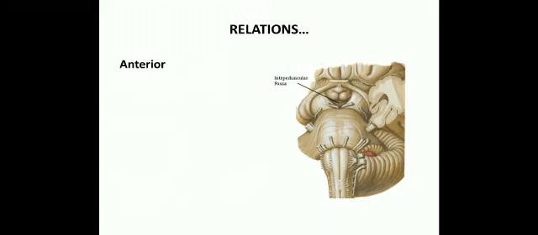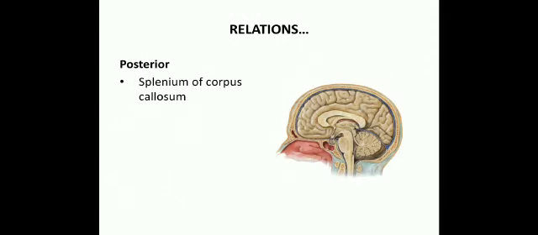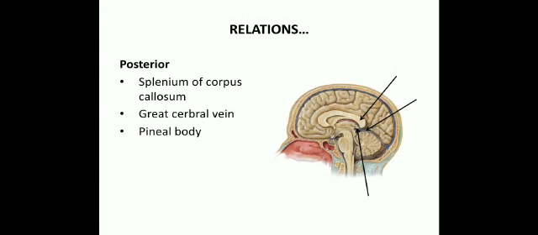Relations of the midbrain: anteriorly it is related to the interpeduncular structures. Posteriorly it is related to the splenium of corpus callosum, great cerebral vein, the pineal body and the posterior ends of the right and left thalamus.